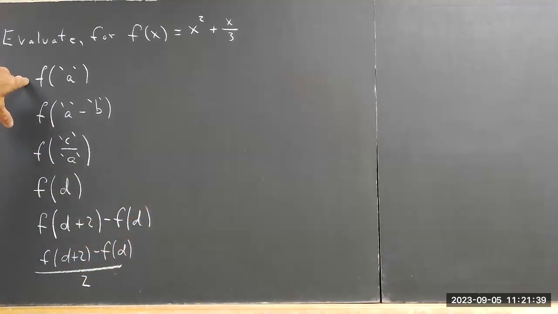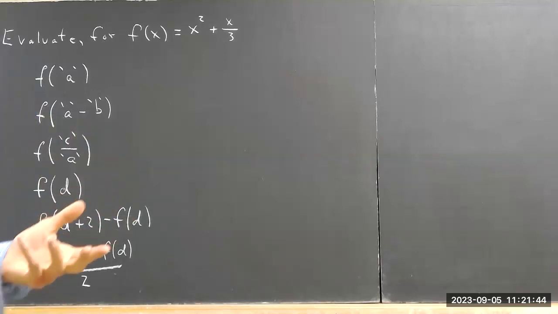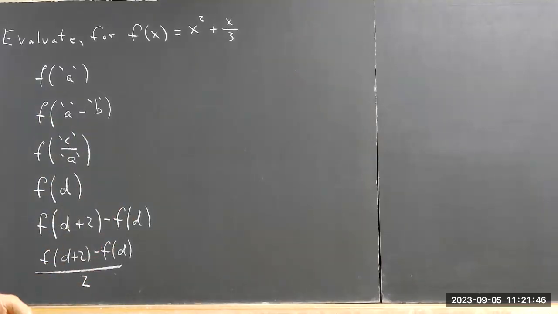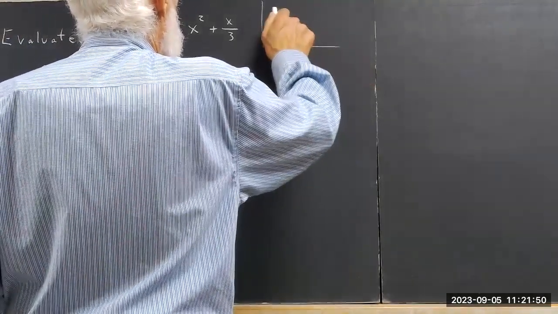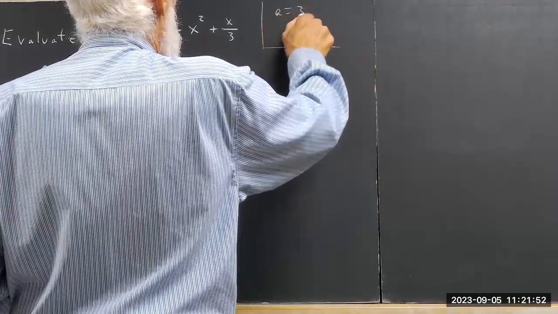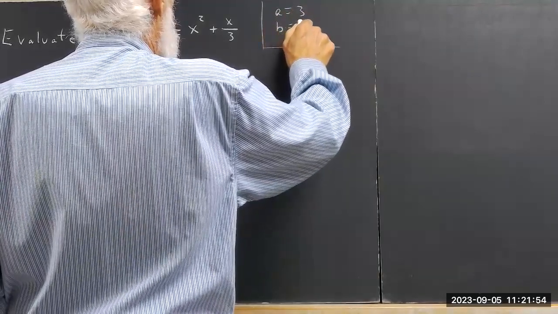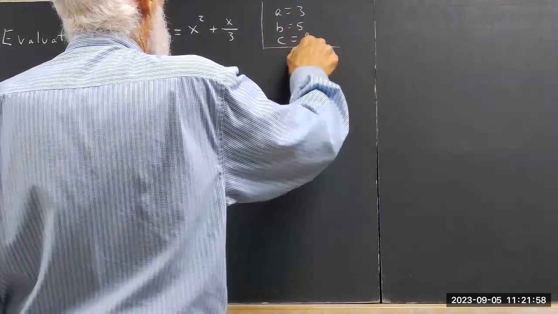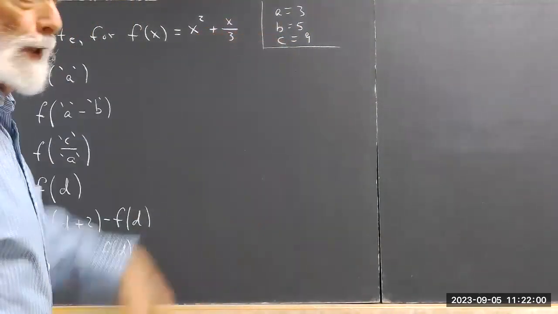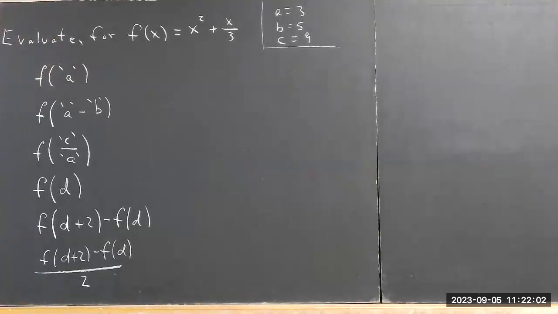Okay, anyhow, f of a. Now I'm going to use my three numbers. So I'm going to use 3, 5, and 9 for a, b, and c.